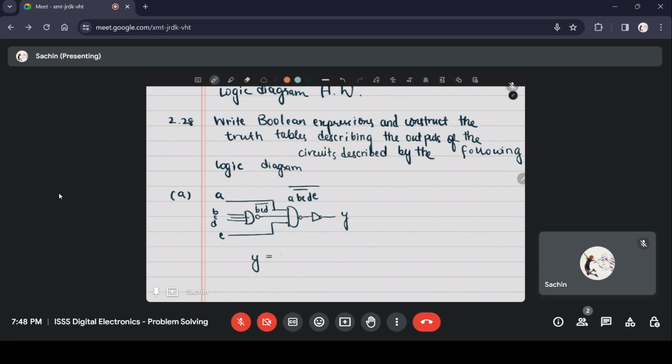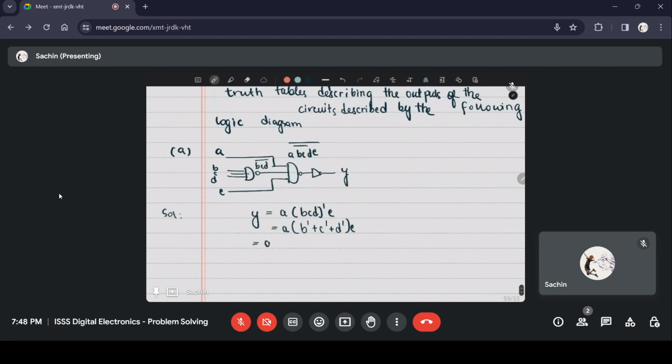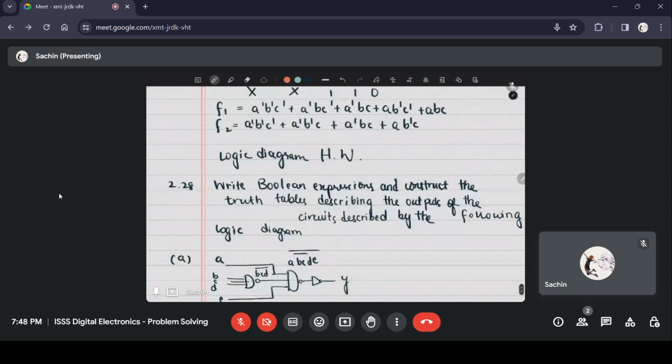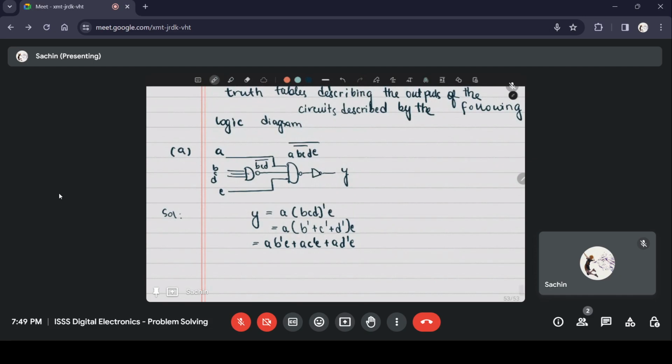Solution: A times BCD whole prime E, A times B prime plus C prime plus D prime times E, so A B prime E plus A C prime E plus A D prime E. And the truth table is listed as a homework.